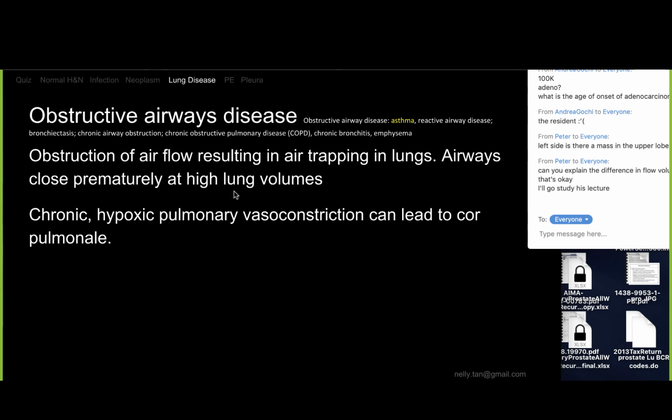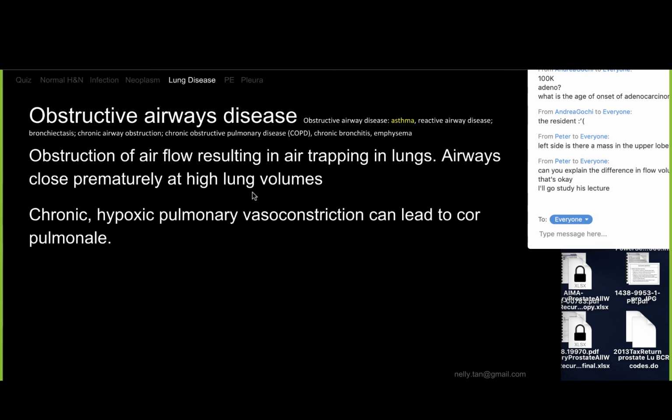Airways close prematurely at high volumes. For example, in asthma, you get thickening and inflammation of the airway, so it becomes really narrow. It's like going down a subway tunnel and all of a sudden the tunnel becomes really, really narrow. You can imagine how flow through that tunnel will become markedly limited.